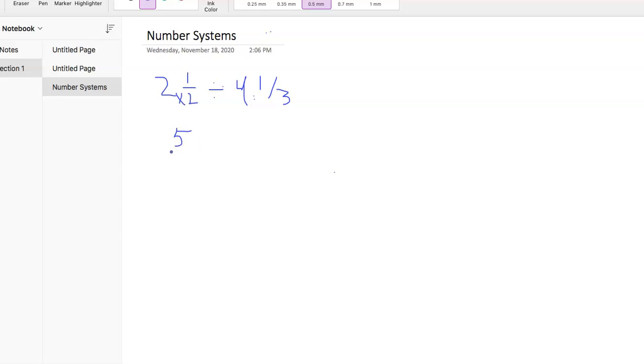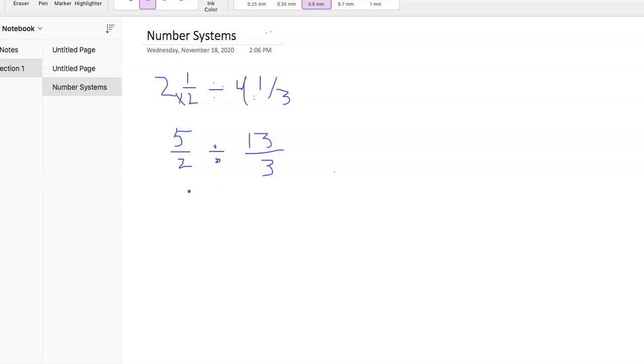That gives us 5 halves. 2 times 2 is 4, plus 1 is 5, leave the denominator the same. Now we have 5 halves, divided by 4 1/3. So 4 times 3 is 12, plus 1 is 13. So 13 thirds. Now we have 5 halves divided by 13 thirds.